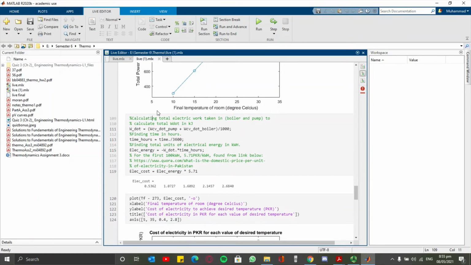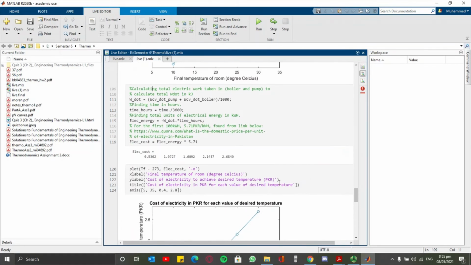So we added both and divided by 1000, and as our electric units are in kilowatt hours, we had to divide by 3600 to get the units in kilowatt hours, and 5.71 is the price of each electric unit. So we received the electric cost for 10 degrees, 15, 20, 25 and 30 respectively.